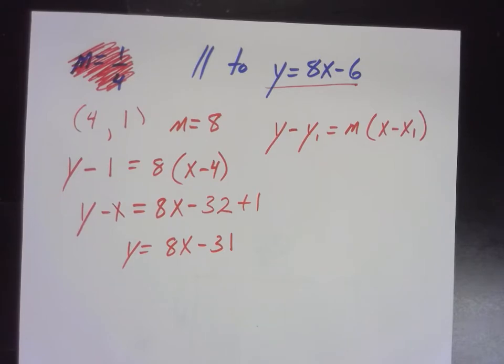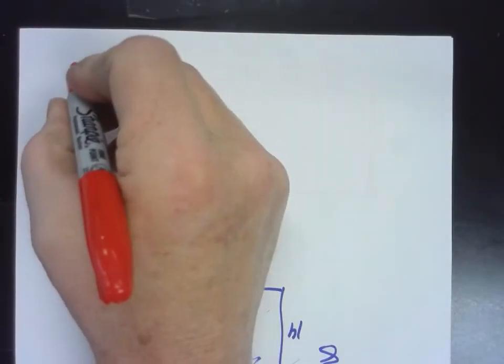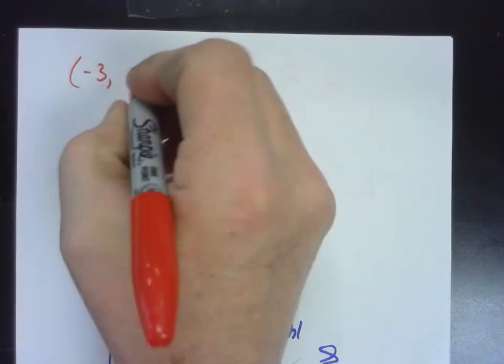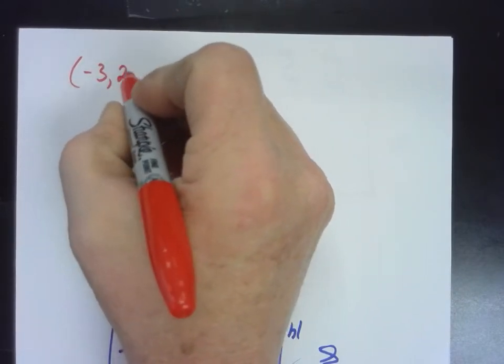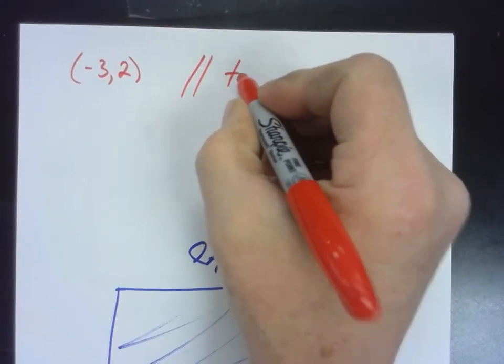Okay, so I want you guys to try one. And I'm going to put some negative points in to make things a little more interesting. So let's make it go through this point, and let's make it parallel to this line.